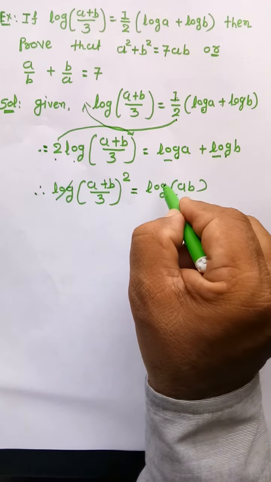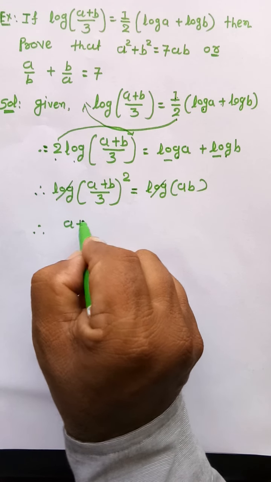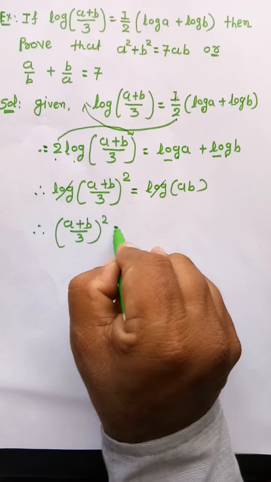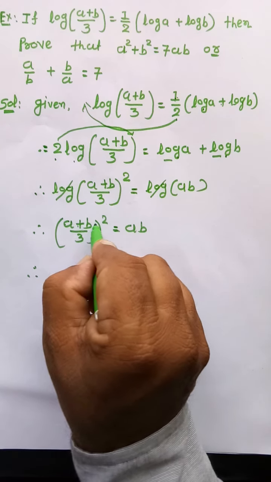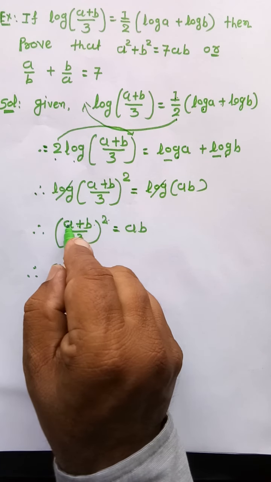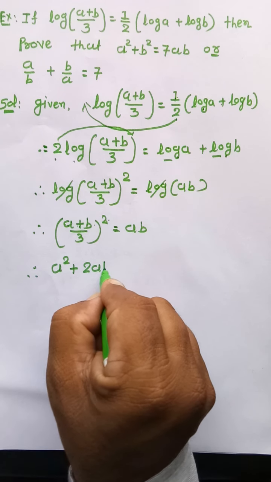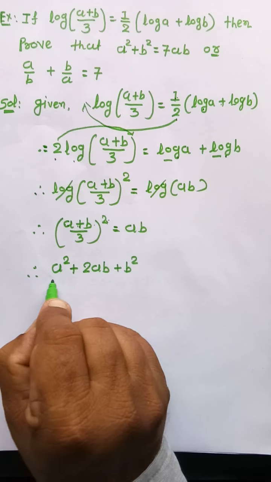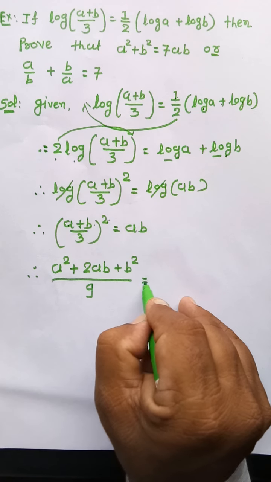Same log cancel, then here (a plus b by 3) whole square is equal to ab. Now (a plus b) whole square is equal to a square plus 2 multiple a multiple b plus b square. Now 3 square is equal to 9 is equal to ab.